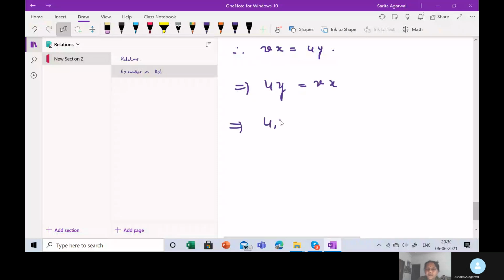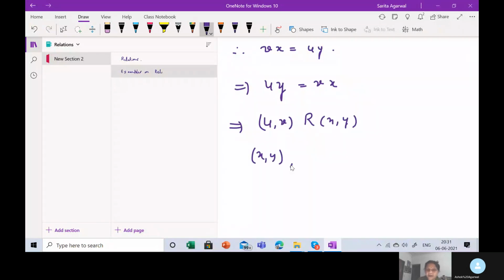This gives us that (u, v) is related to (x, y). Now (x, y) and (u, v) belonging to A are arbitrary.